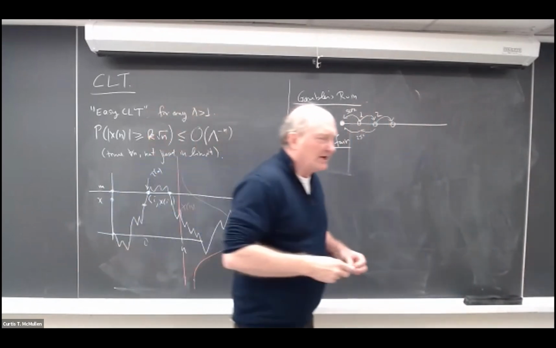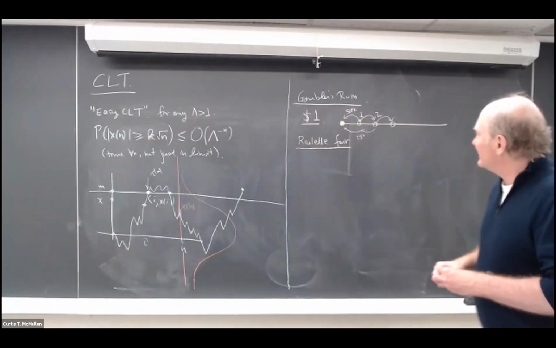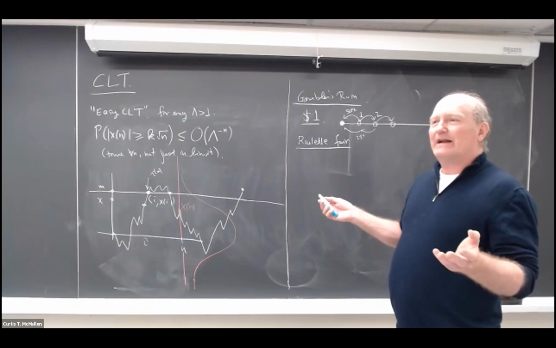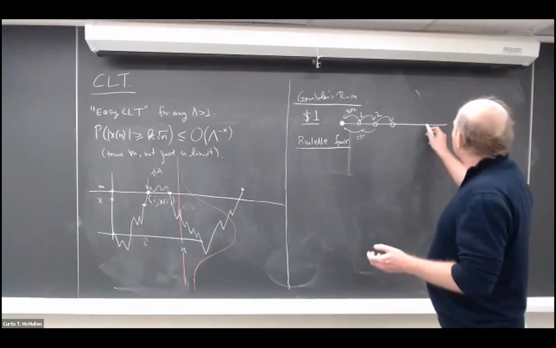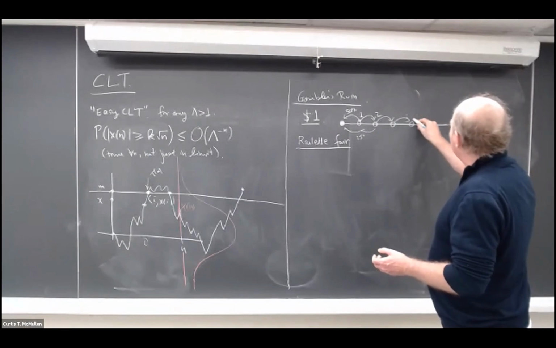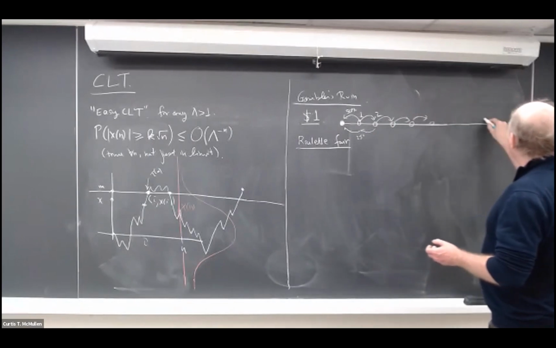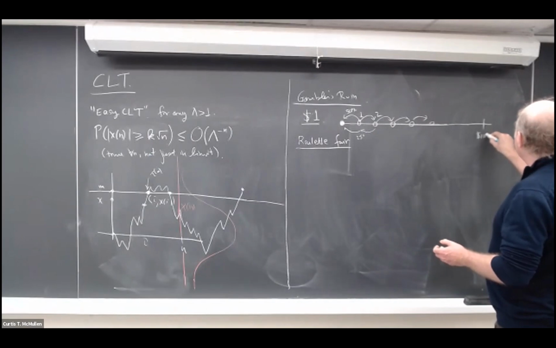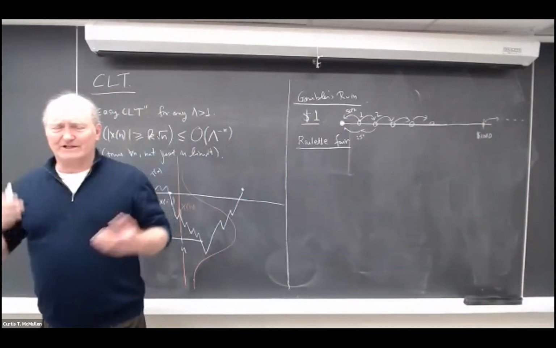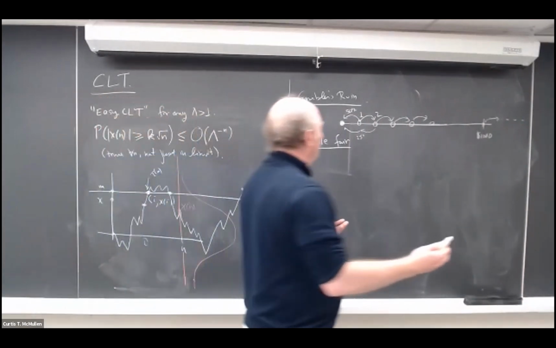This particular gambler is pretty close to losing. They only have $1. But they have no goal in mind. They just want to keep playing, and they don't care how much money they make. If they get up to $1,000, they just keep playing anyway. Of course, it's extremely unlikely that they're going to get up to $1,000 before they run out of cash.